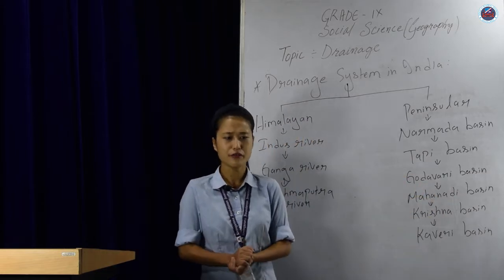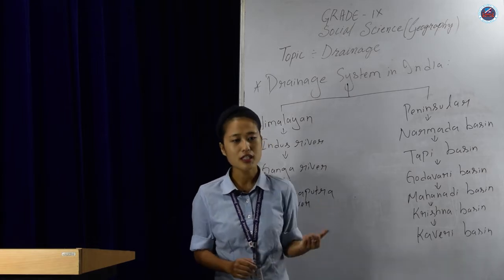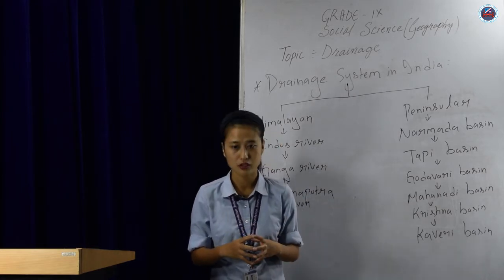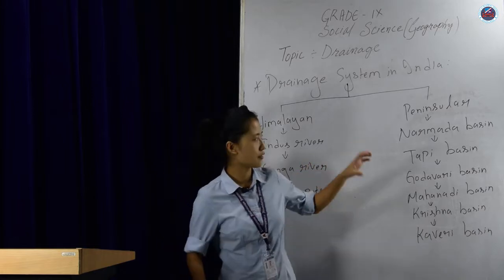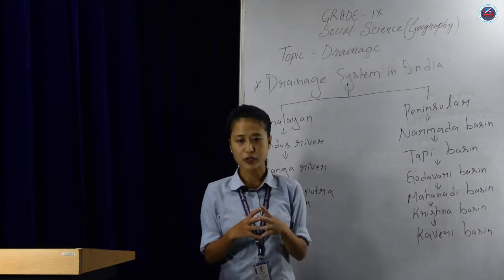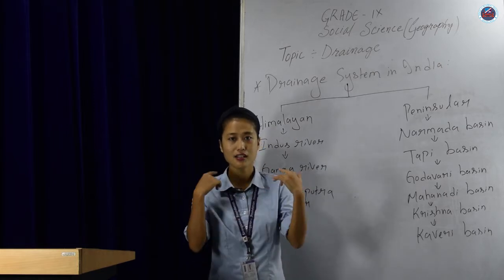Most of the major rivers flow eastwards and join the Bay of Bengal and make deltas at their mouths.